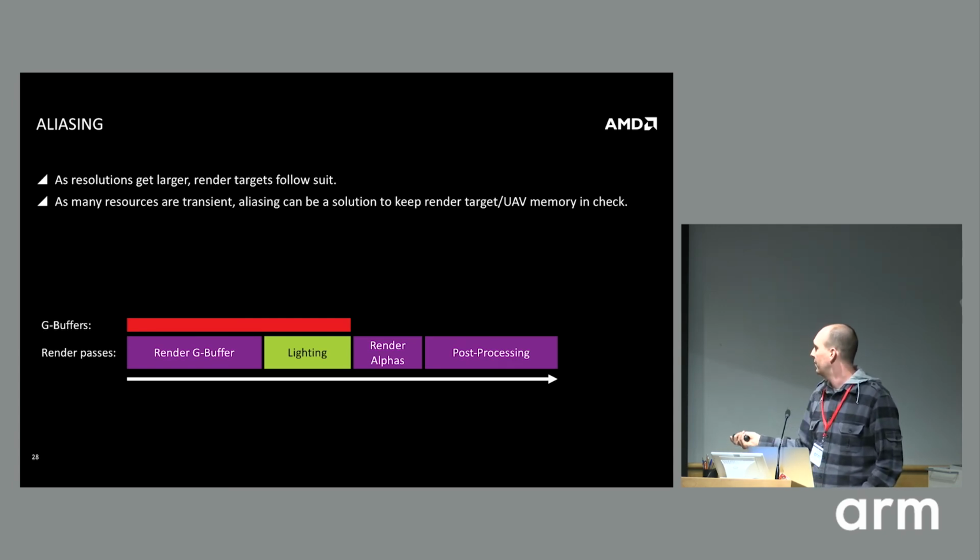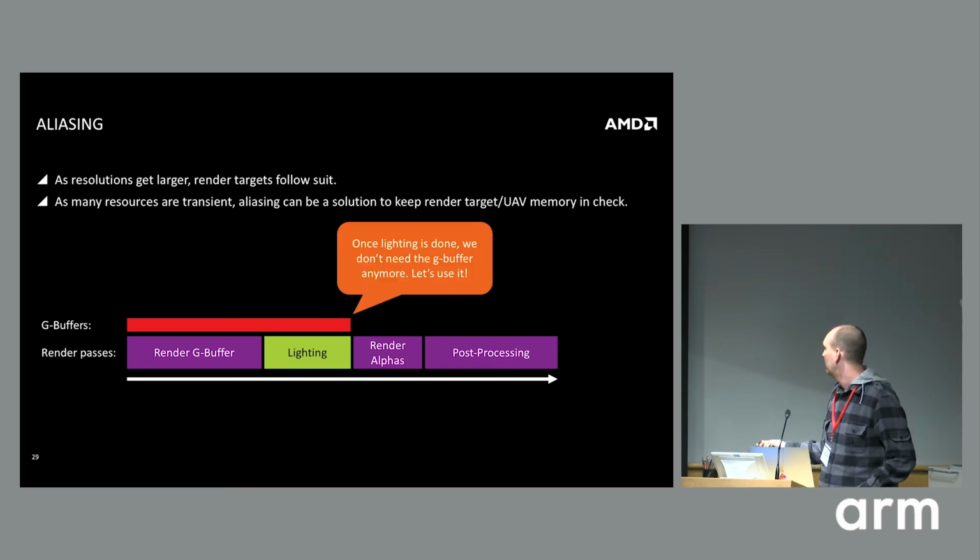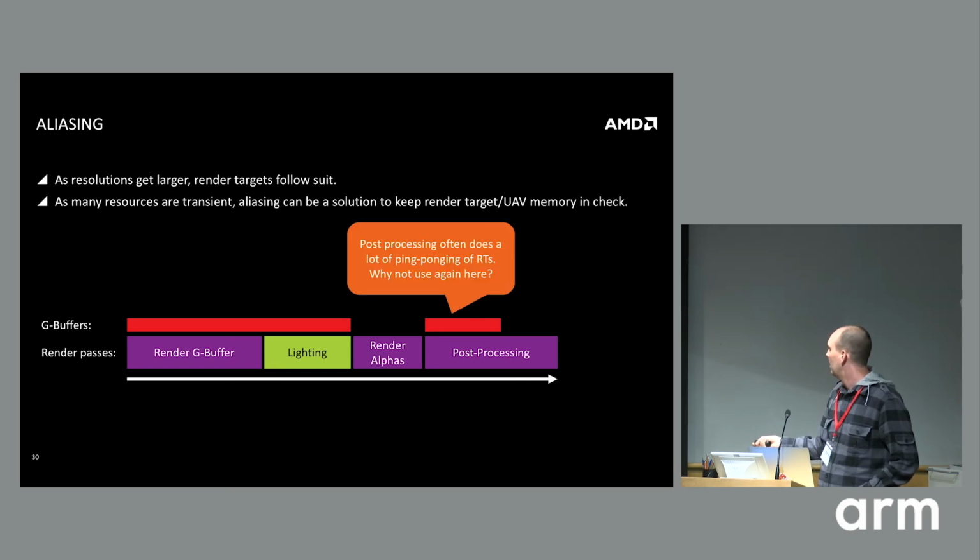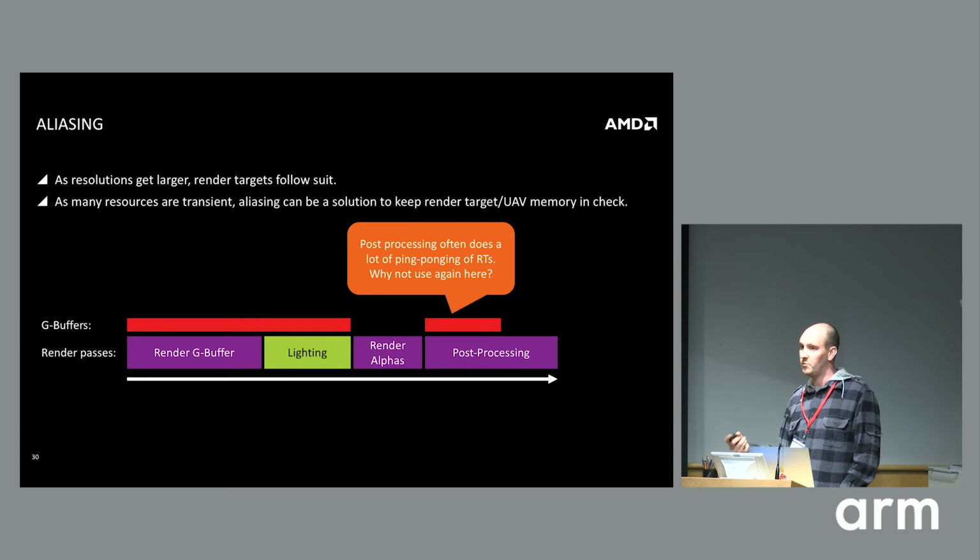So we render our gbuffer, do some lighting, render some alphas, and then do some post-processing. Typically, by the end of the lighting pass, the gbuffers are sat around doing not very much. So why not reuse the memory for those resources later in the frame? And that can save you a bunch of memory.